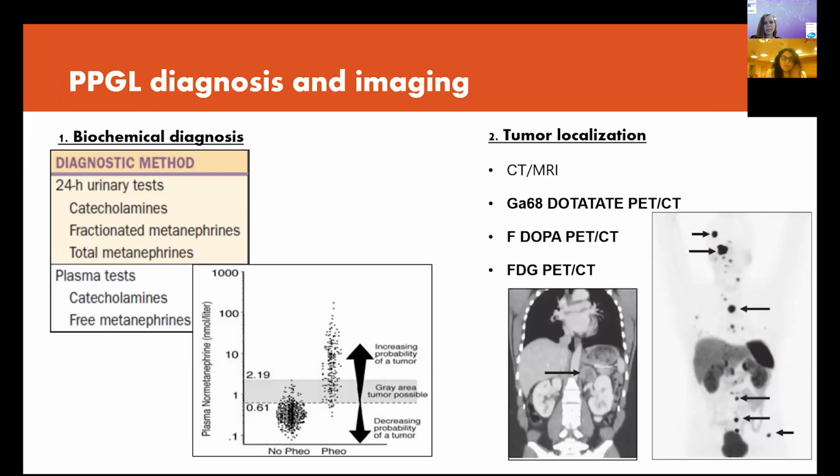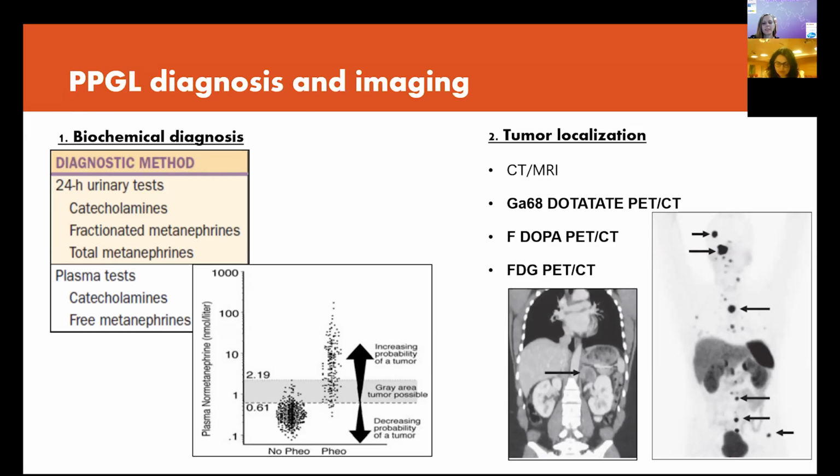The diagnosis and imaging of PHEO is pretty straightforward in most of the cases, especially when we have good biochemical tests. The main test that we use is a collection of urine and testing those hormones, catecholamines, or their metabolites, metanephrines, in urine. And we also can use levels of those hormones in the blood.